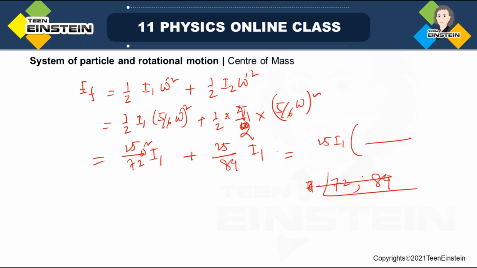Okay, so I'll just write the answer for what we get here. The final kinetic energy EF will be 25 by omega square, or omega 1 square, right?